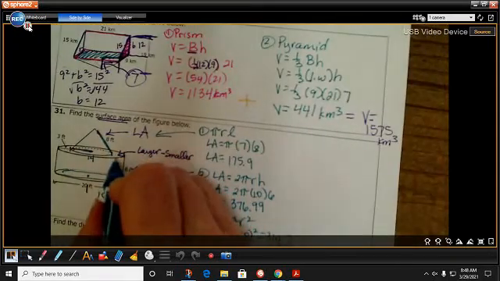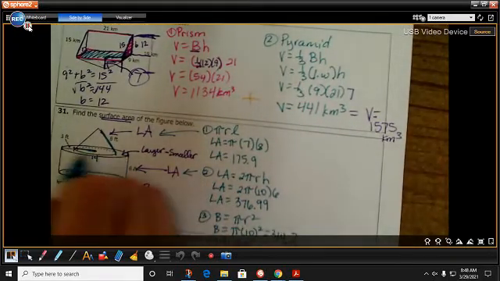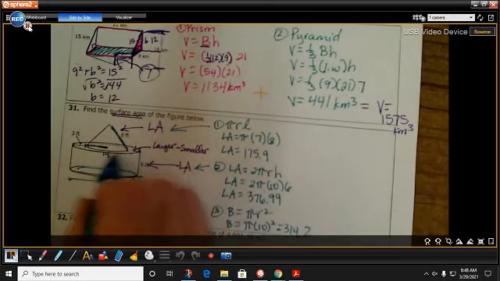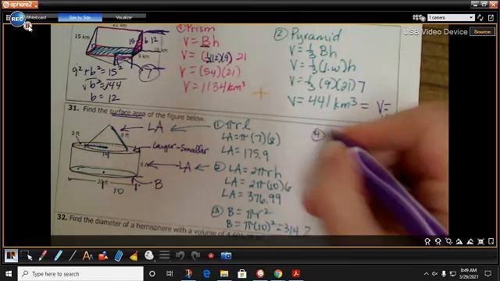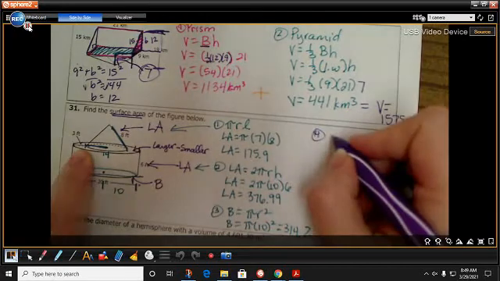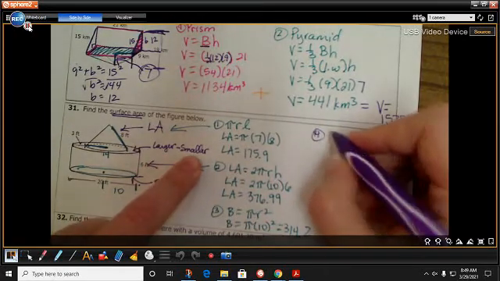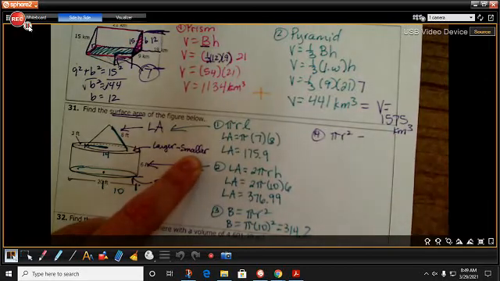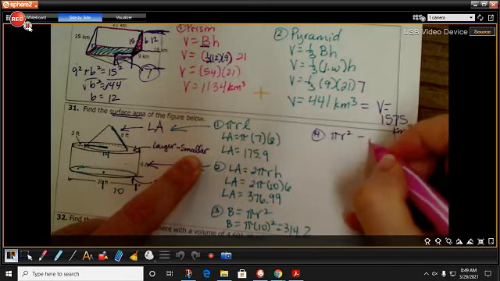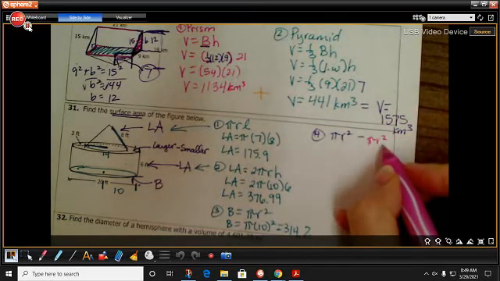Lastly, I need to do this area on top, and the only part that's showing is this kind of flat donut-shaped ring. I'm going to switch colors here to help myself out. This one's going to be a large circle minus the smaller circle. So it's going to be pi r squared minus a different pi r squared. So the big one minus the small one.